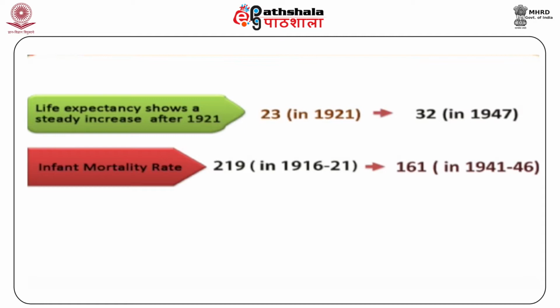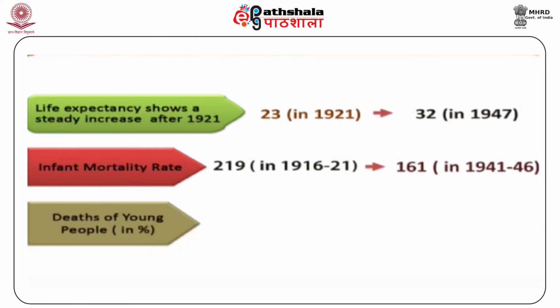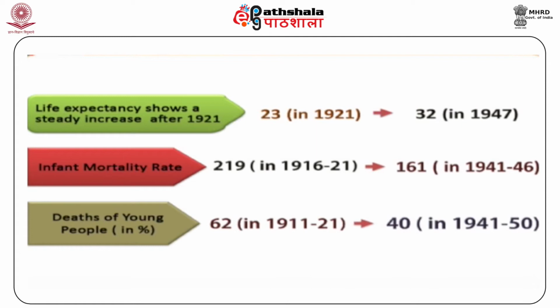Percentage figures of the deaths of the young people show a similar decline after 1921. From 62 in 1911 to 1921, it declined to 40 in 1941 to 1950, the decline starting from 1921 to 1931.